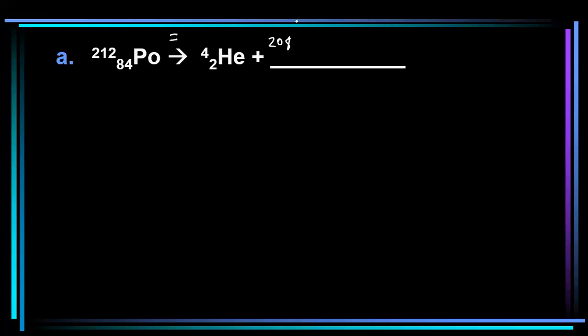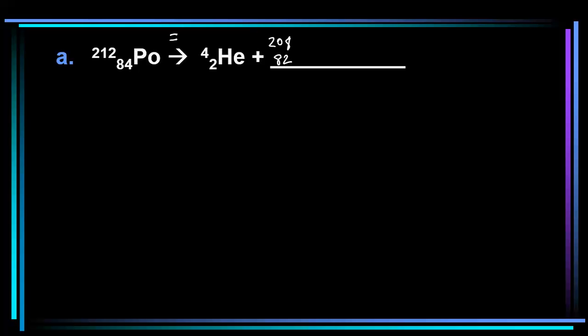208. Does 208 help you identify what this thing is? The answer is not really. Correct, because there could be any number of isotopes that have a mass number of 208. So you cannot tell what this is quite yet. Here we go, Asher. What plus 2 is 84? 82.